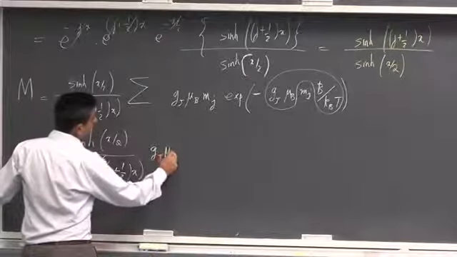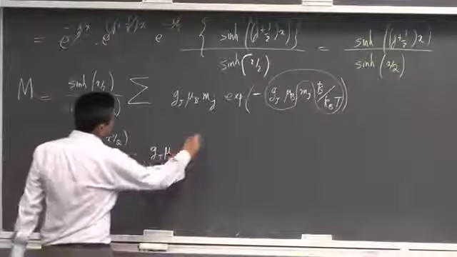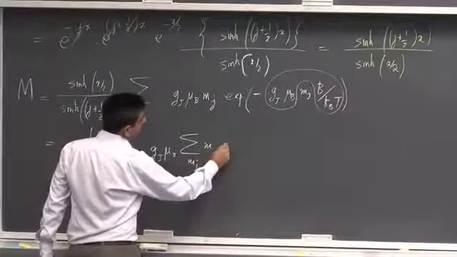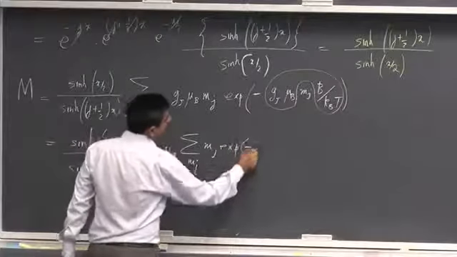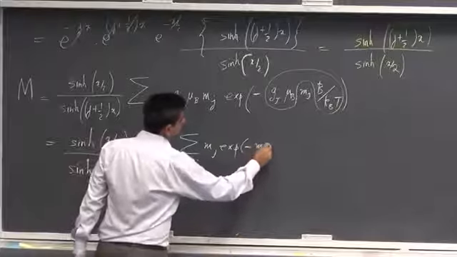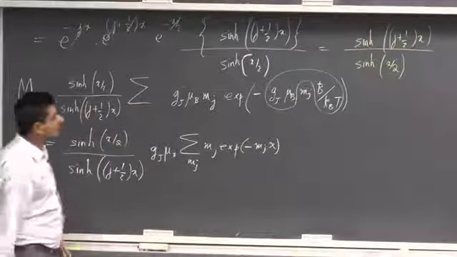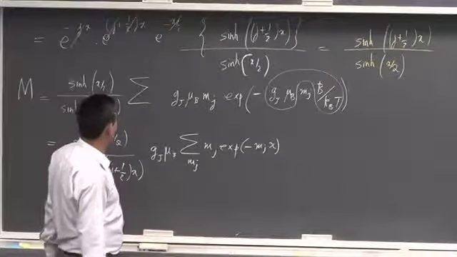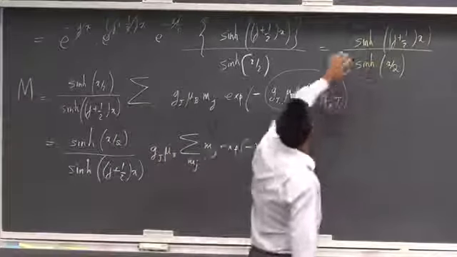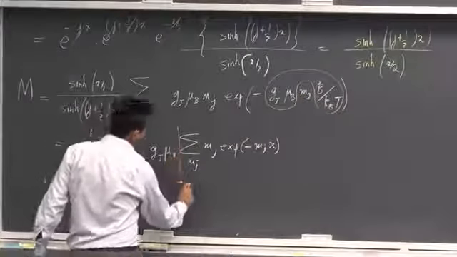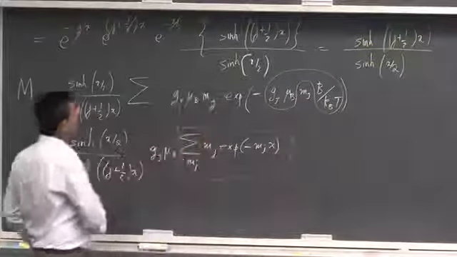Since mu B is a constant, I can take this outside, and I'm left with the sum over mj of mj exponent minus mjx. Now if you look at the partition function, this term is related to the partition function.